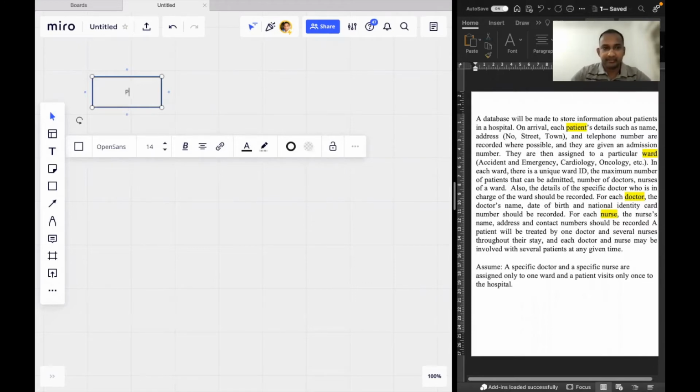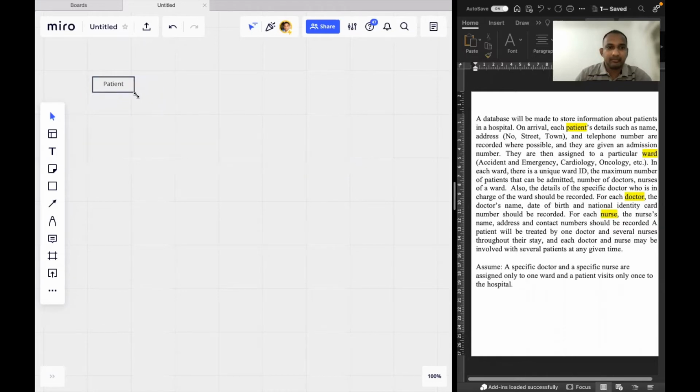It is patient. Remember that when you are naming the entities, put it in singular format. That means patient, not patients. This is our patient entity.